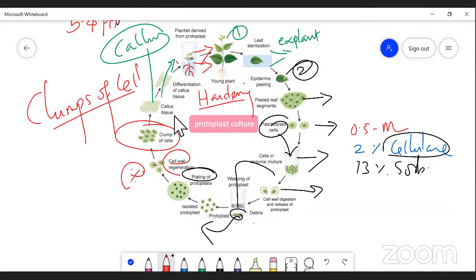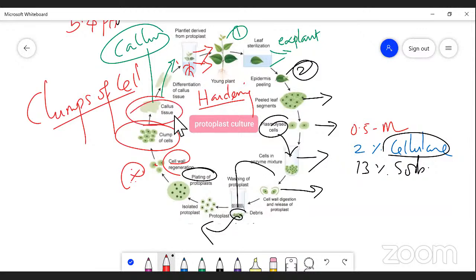This is the process called protoplast culture. Simply, protoplasts are isolated from the explant by removal of the cell wall, retaining their viability, followed by regeneration of the cell wall. After regeneration of the cell wall, the protoplasts are converted into clumps of cells, and the clumps of cells develop into an unorganized mass of tissue, that is a callus.